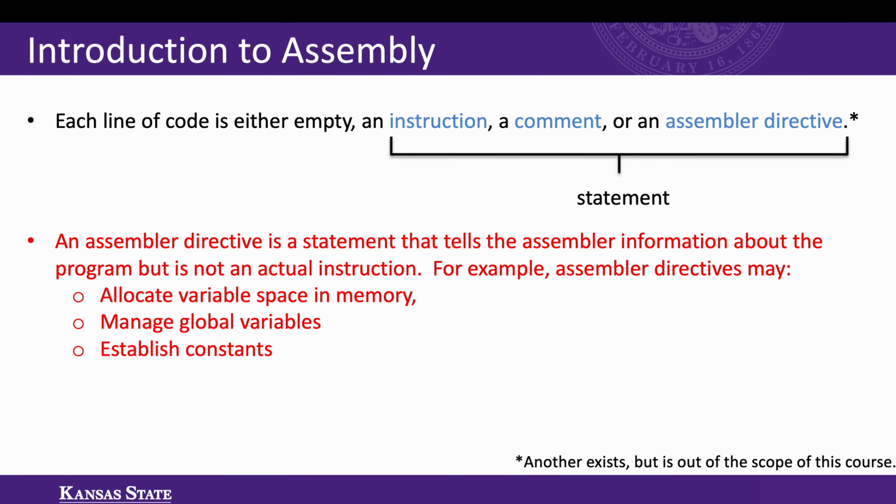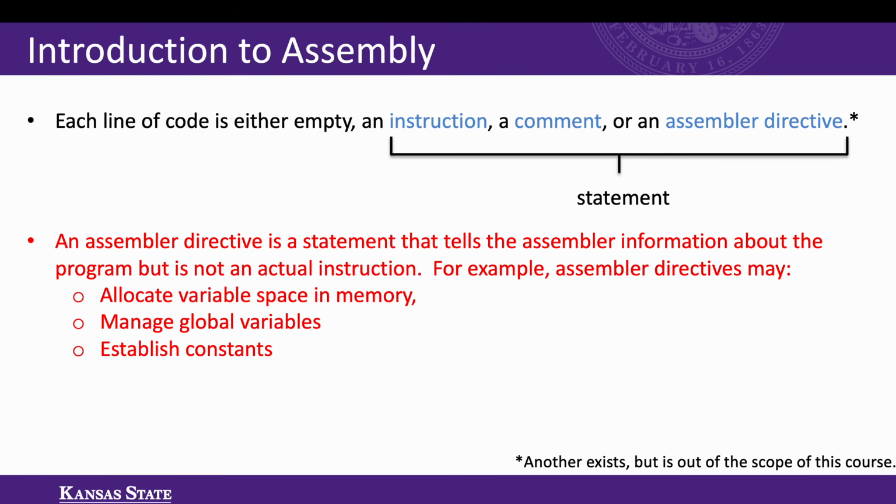All right. Recall that a statement can either be an instruction, a comment, or an assembler directive. We just covered instructions and an instruction's four fields. But we've also now just covered a comment. So the last is the assembler directive.